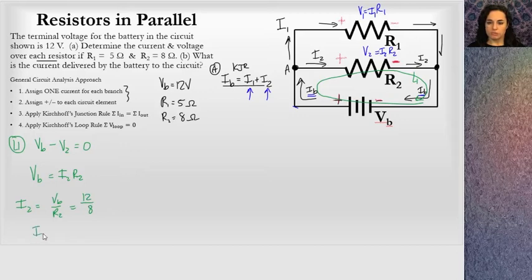So very easily I get I2 equals 1.5 amps. Super easy. So then V2 has to equal that times R2, so 1.5 times 8, which is 12 volts.